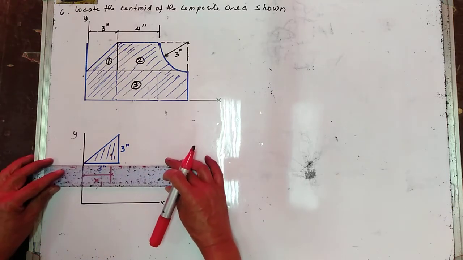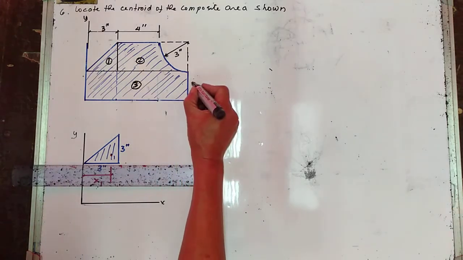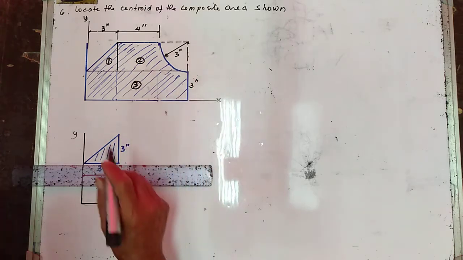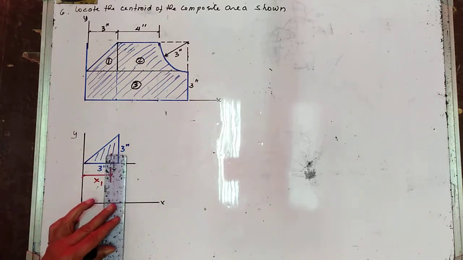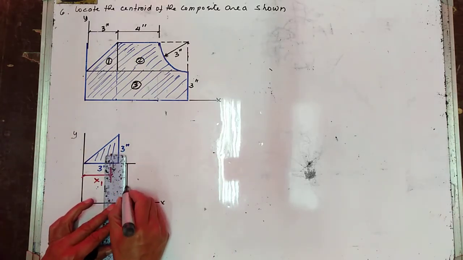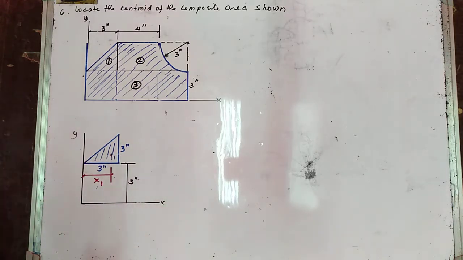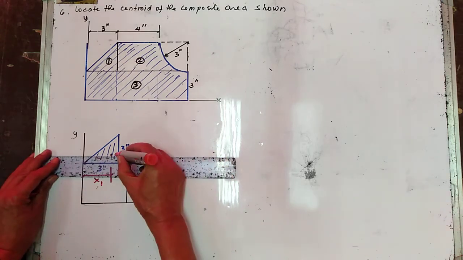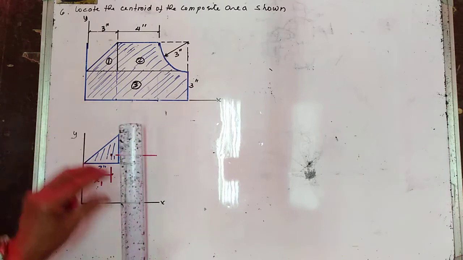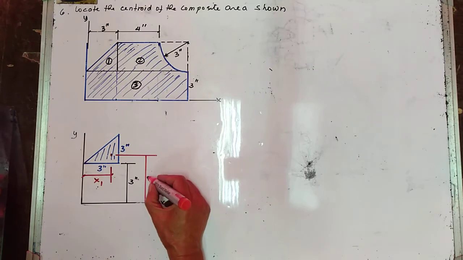Now, this distance in here is equal to 3 inches also. So we have the centroid, and this one in here is now your y1.